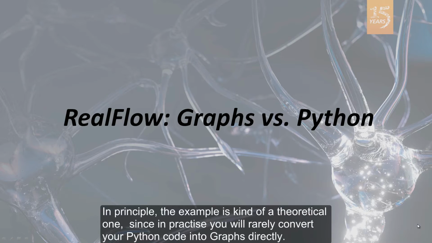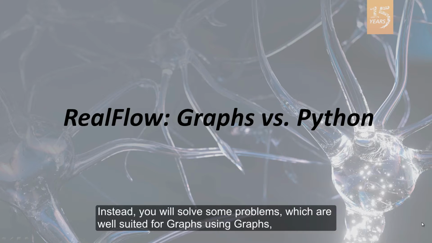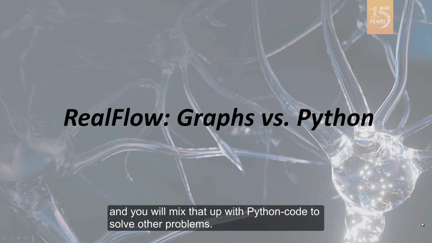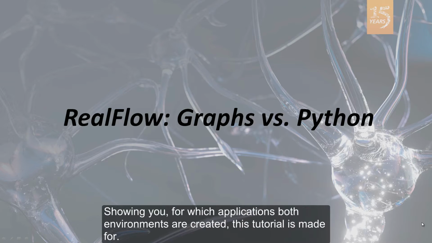In principle, this example at the end is kind of a theoretical one, because in practice you probably will not transform your Python code directly into graphs. Instead, you will solve problems which are well suited for graphs using graphs, and you mix all that up with using Python code for some other problems, showing you for which purposes both environments are created.